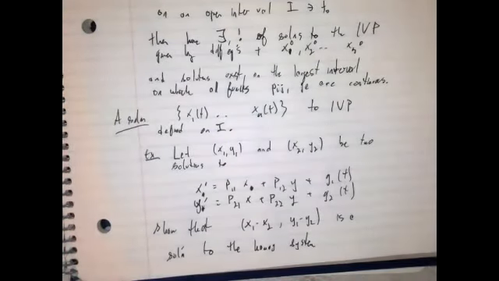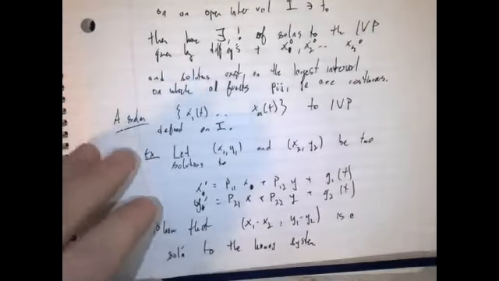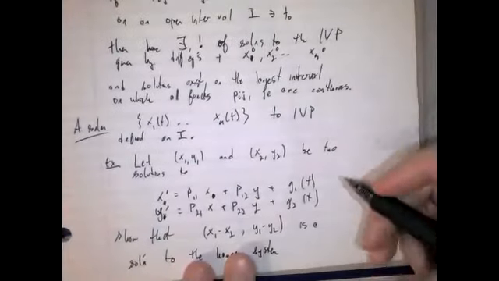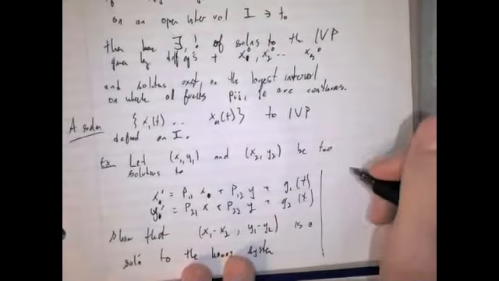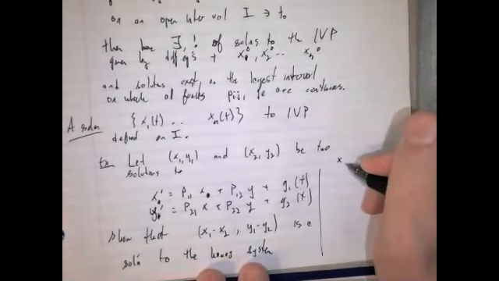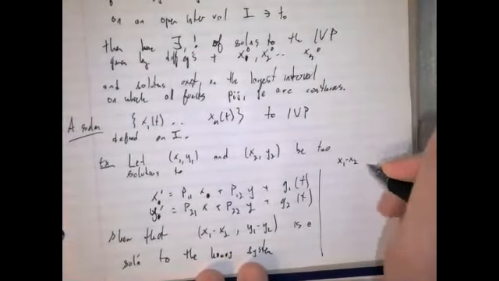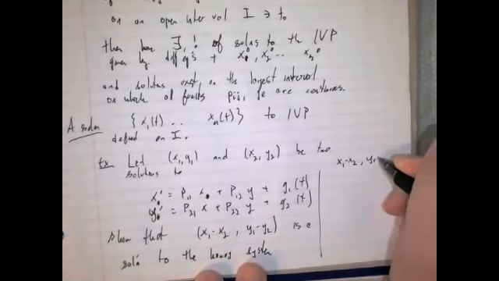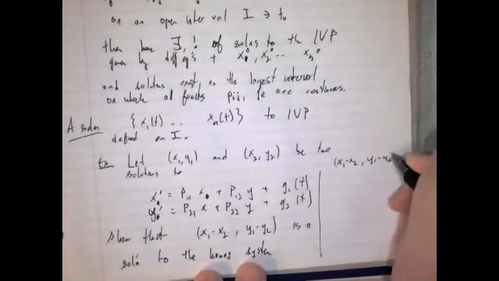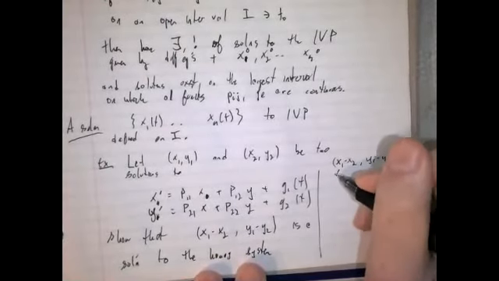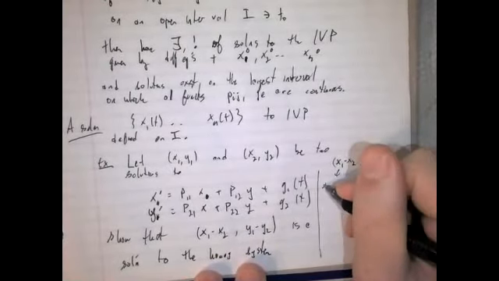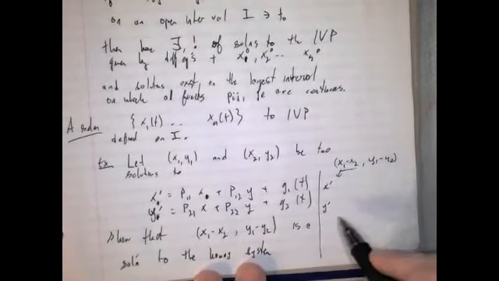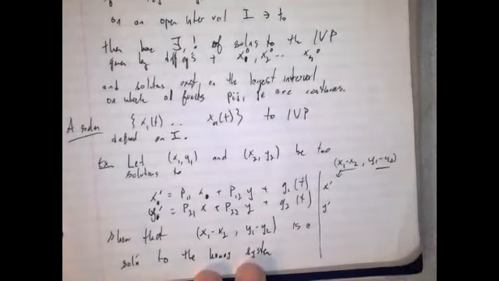So just to write down what you're trying to show: if you plug in x1 minus x2 and y1 minus y2 into the two sides, you either plug it into x prime and y prime. So x prime is the derivative of this component, and y prime is the derivative of this component.